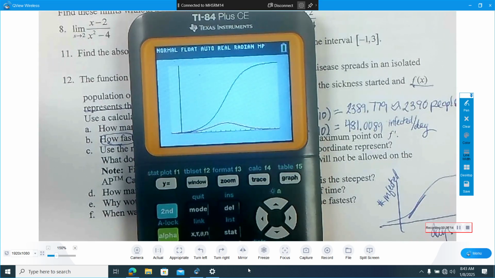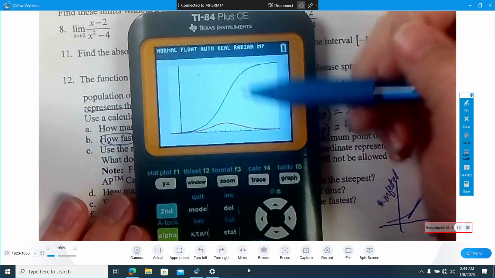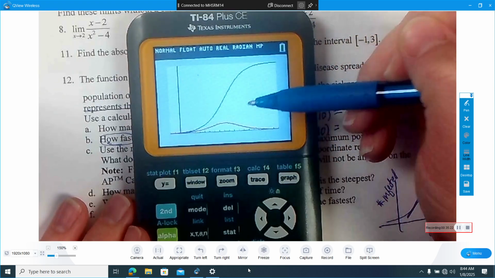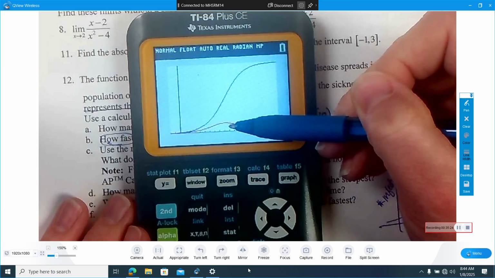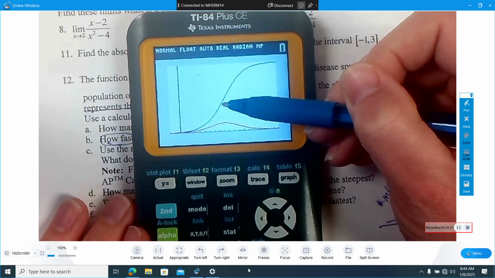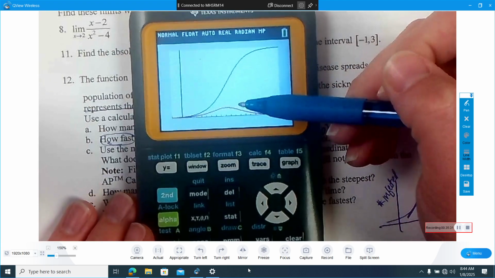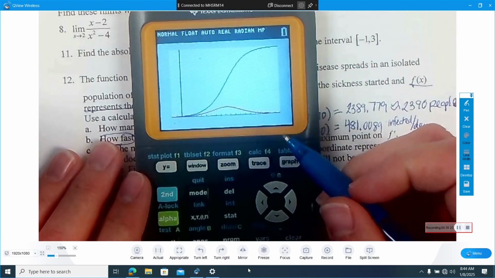So what does that maximum correspond to? The inflection point. Yeah, exactly. So that relative maximum on our derivative corresponds to that inflection point on our curve. Okay? So we can go ahead now and find that maximum.